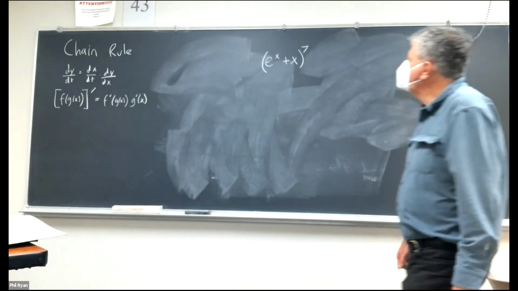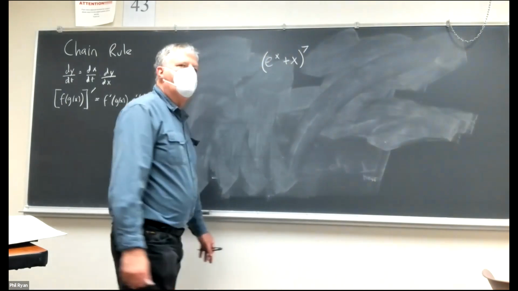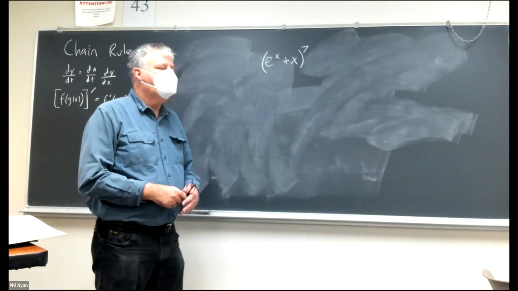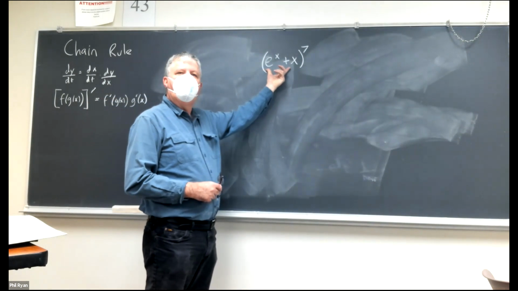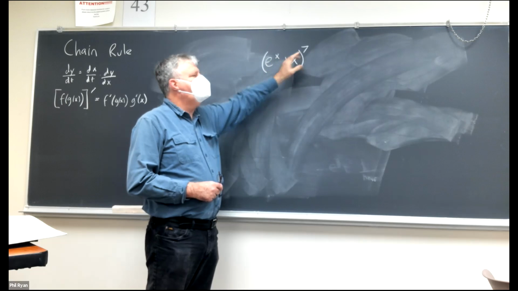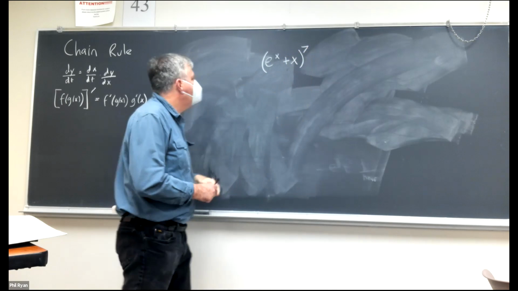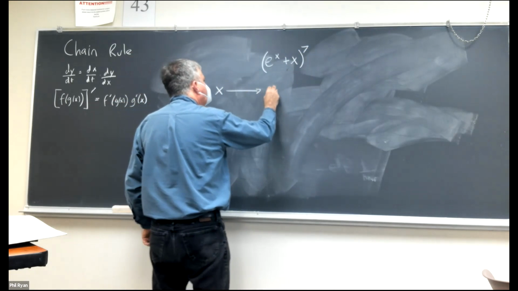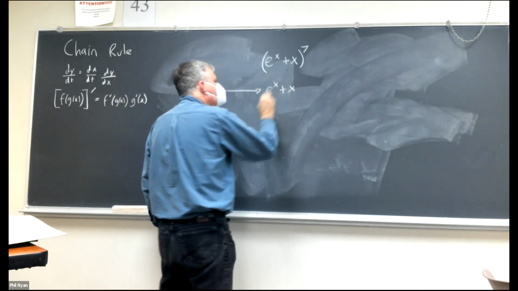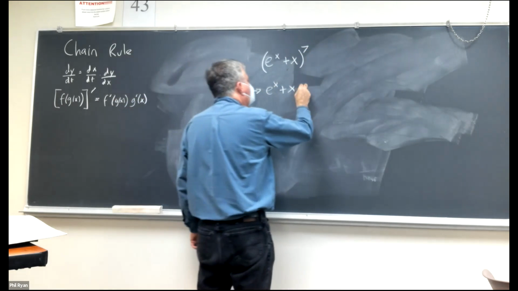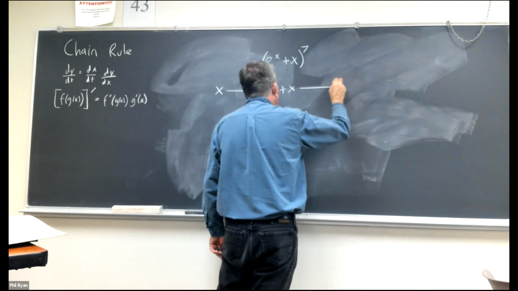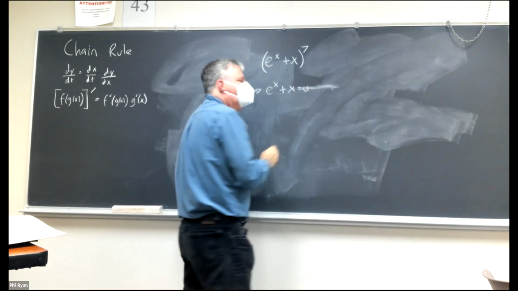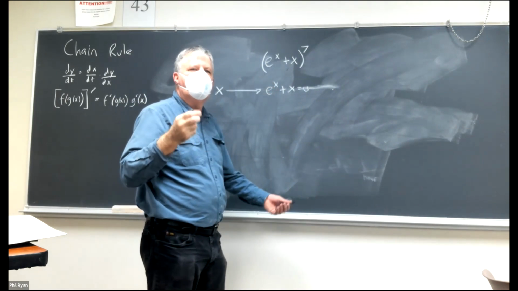Well, the way we differentiate it is we think of it as a chain, right? So how would you do this in your calculator? First, you'd figure out this, then you would raise it to the 7th power. So we take our x, we would take it to e to the x plus x, and then let's call that u, just as an intermediate step.